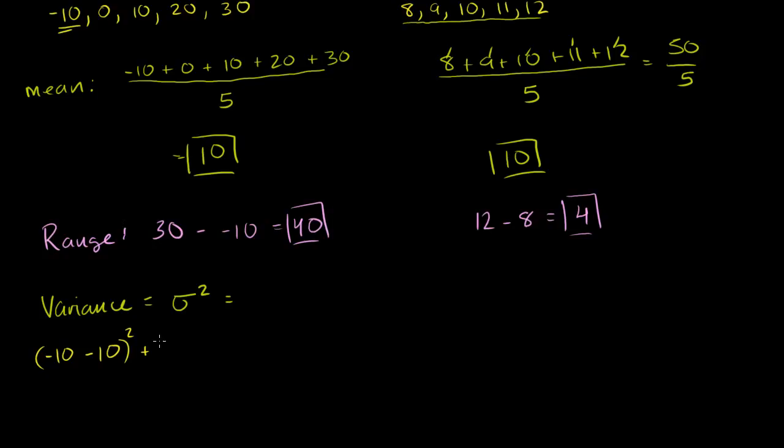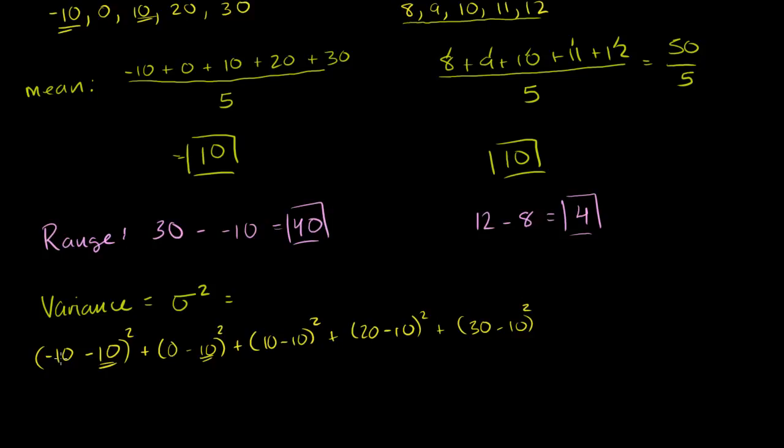Plus the second data point, 0 minus 10, the mean. This is that 10 right there, squared. Plus 10 minus 10 squared. That's the middle 10 right there. Plus 20 minus 10 squared. Plus 30 minus 10 squared.